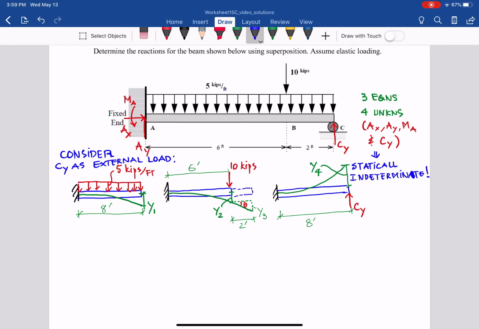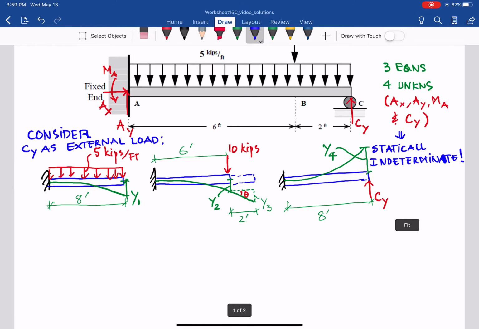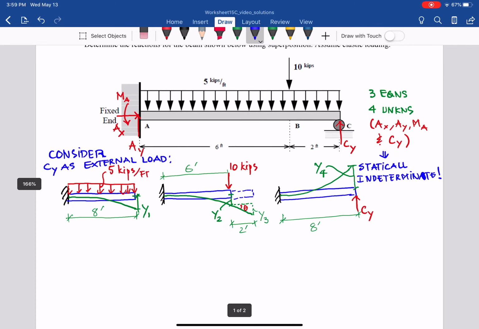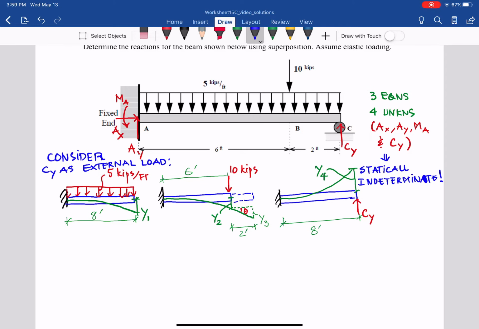So what do we have here? Can we find y1? For sure. Can we find y2? For sure. Can we find y3? For sure. If you are not sure, go back to worksheet 15B, where we did all of that. And Cy, can we find it? With respect to Cy, that for sure. But as you can see, at C there is a roller, so the total deflection at C has to be 0. What does that mean?